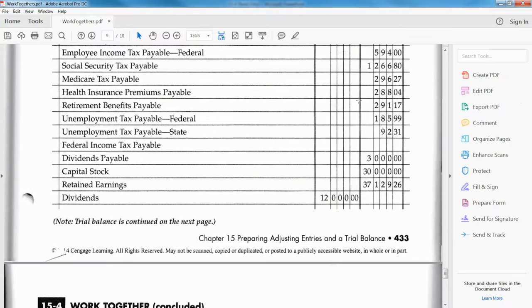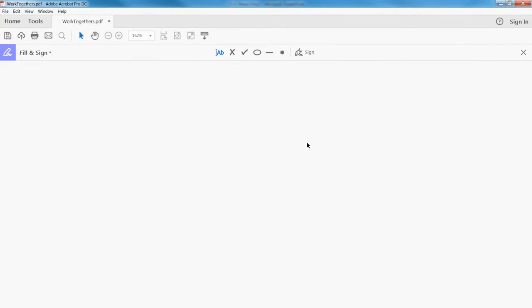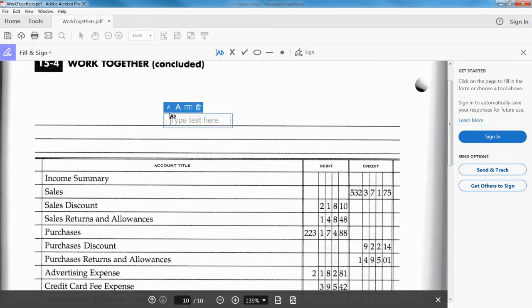So now we need to go to the next page. And I need a heading again, my who, what, and when. So we'll get that at the top. And it is an adjusted trial balance. And it's December 31st.